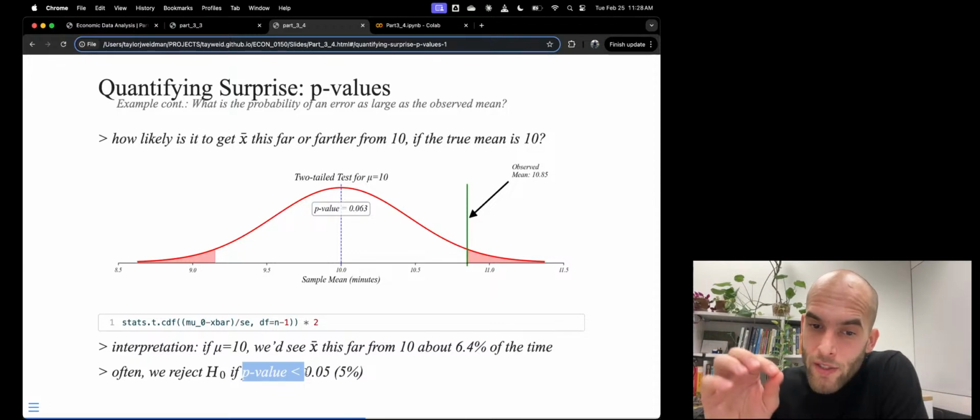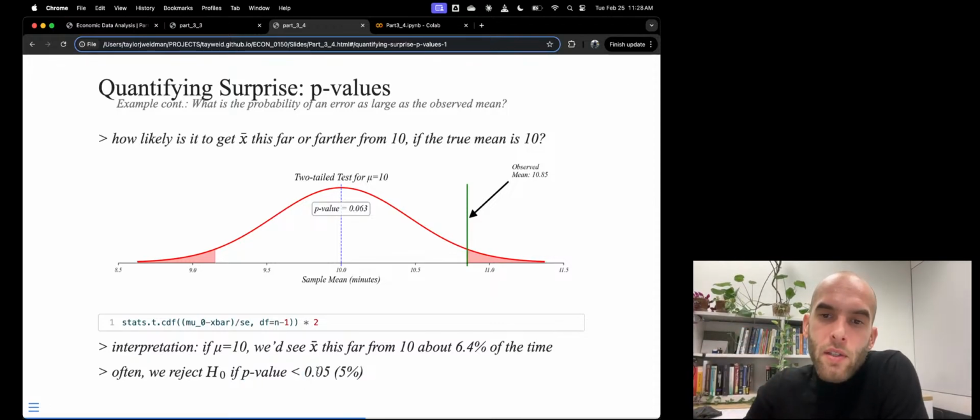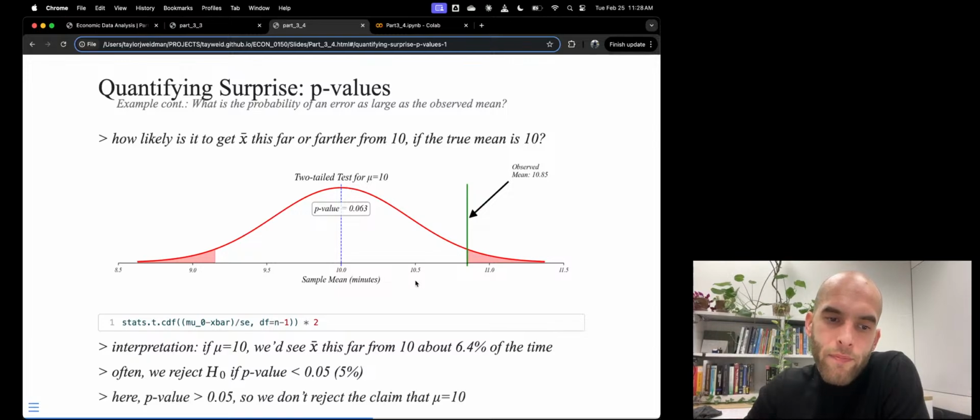But what the p-value tells us is the probability of errors based on the distribution centered around our null hypothesis. Often we use a p-value that's less than 5% to reject a claim. So here, because the p-value is greater than 5%, we would say that we don't reject it at a 5% confidence level.